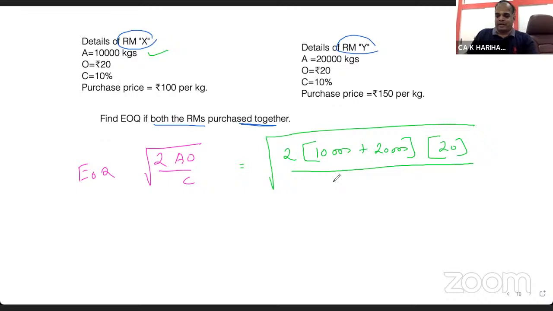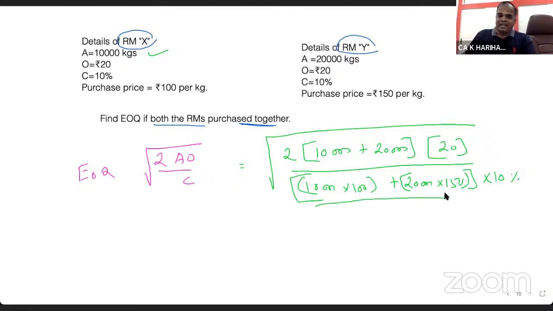Average basis you have to calculate. 10,000 kgs into 100 for raw material X. For raw material Y, 20,000 into 150. That is the total raw material purchase price for X and Y, out of which 10% is the carrying cost. That will give the total carrying cost.